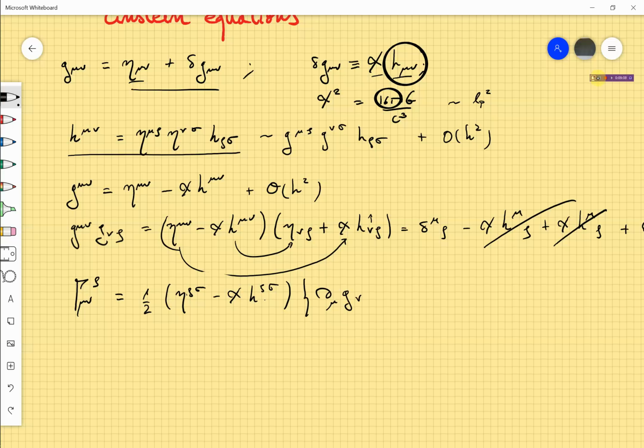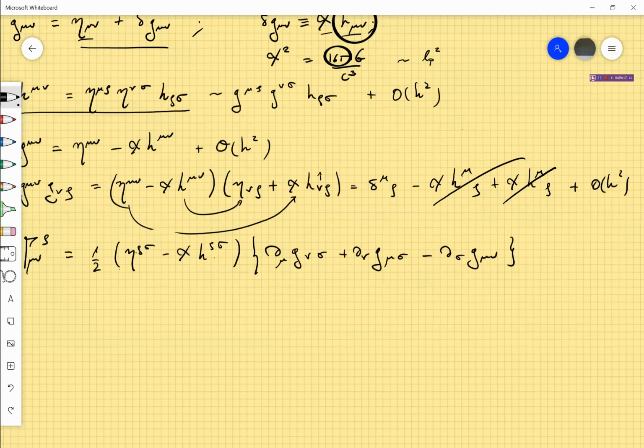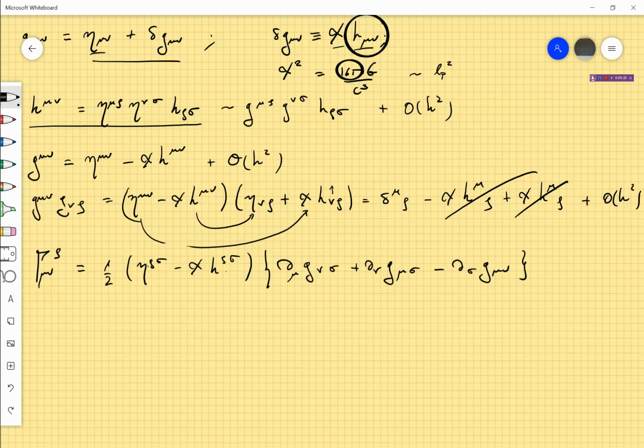Okay. G nu sigma plus partial nu g mu sigma minus partial sigma g mu nu. Okay, now I am going to replace g by eta plus delta g, or eta plus chi h. Eta is constant, so the only thing that contributes here is the second term, chi h. This means that I have a global factor of chi. Okay, and that all this will be replaced by h to this order.